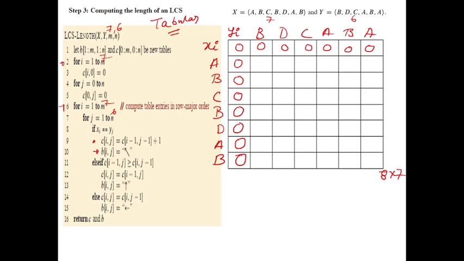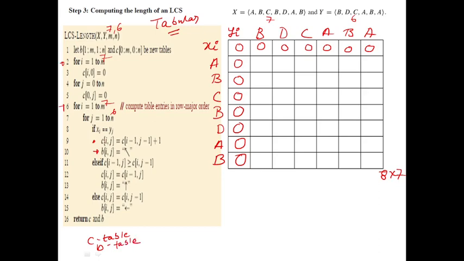For that you have another array. This is the C array, which will hold the cost. The C array is a cost array, and all the values will be saved here. Another array is called B. You can call it the C table and the B table.